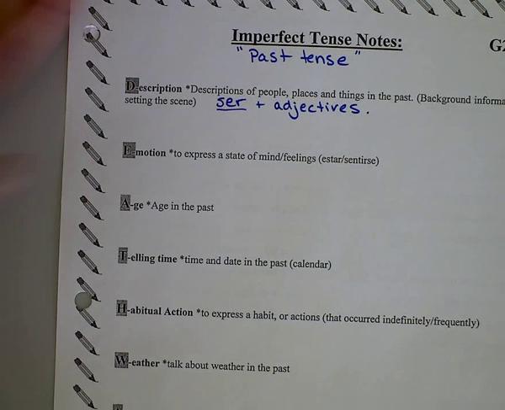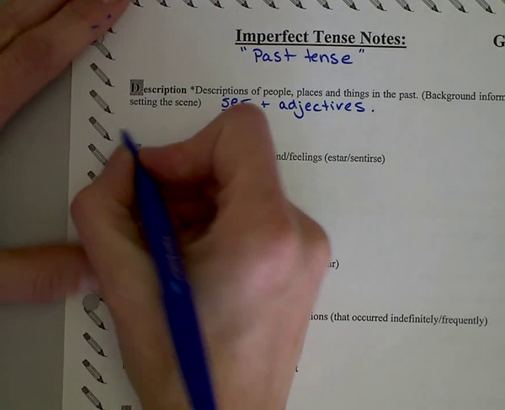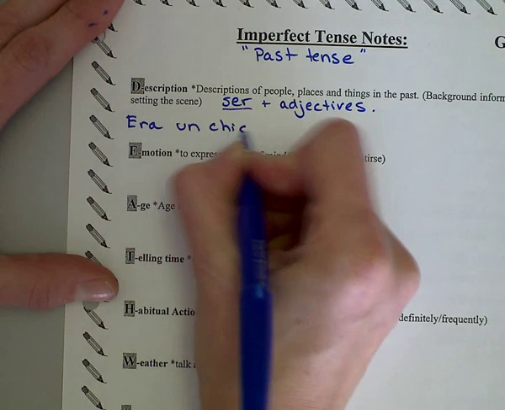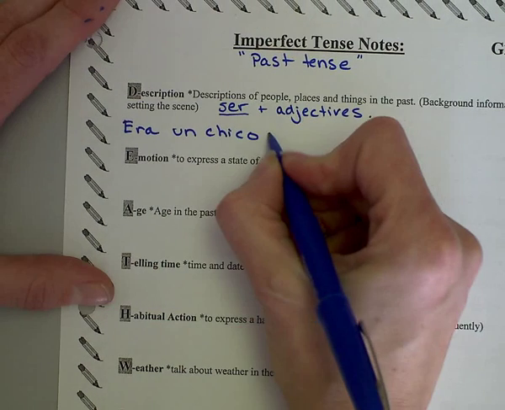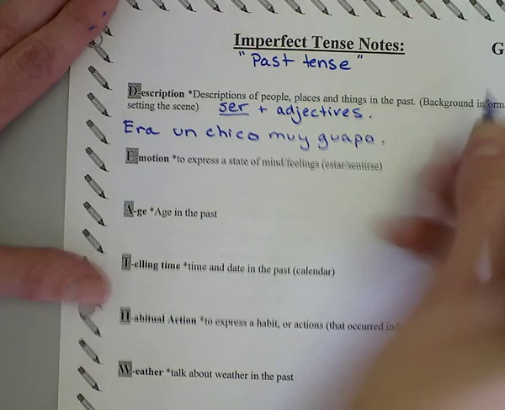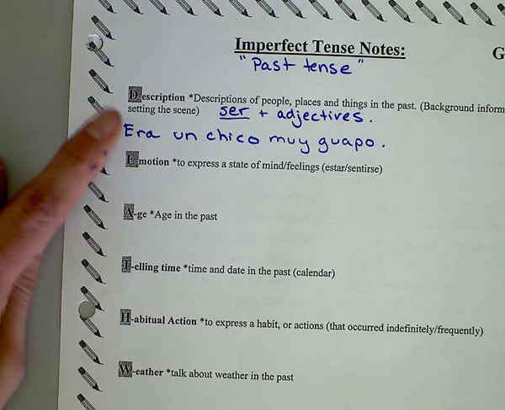So let's get some examples here. You ready? Actually, I'm going to try this. I'm going to write in Spanish first. Why did I not need to have a subject just before era?